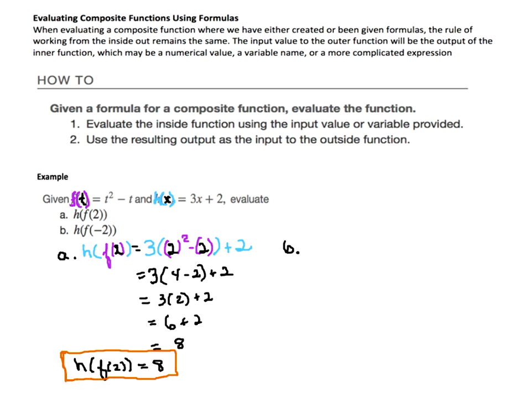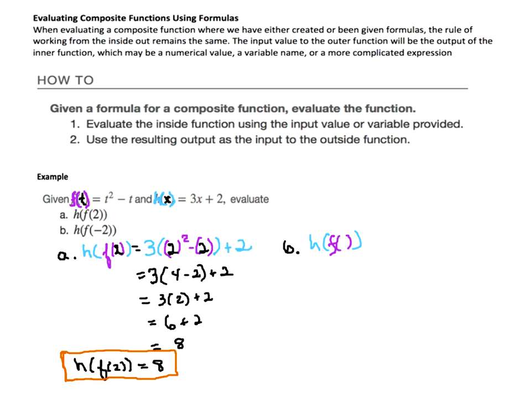Now what I could have done, I could have actually just seen what the composition was using variables, and then once I got my composed function, then I could go back and plug in 2 and -2. That's a different way of doing the same thing. But this works fine as well. So we're still doing h composed with f, so I still have my same shell and my same plug-in functions.